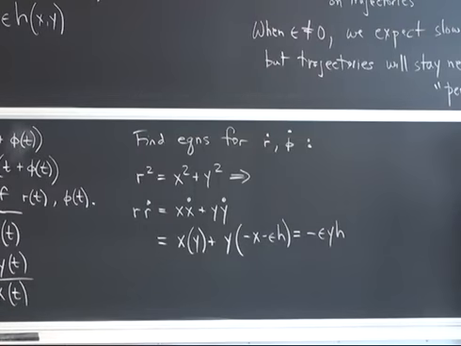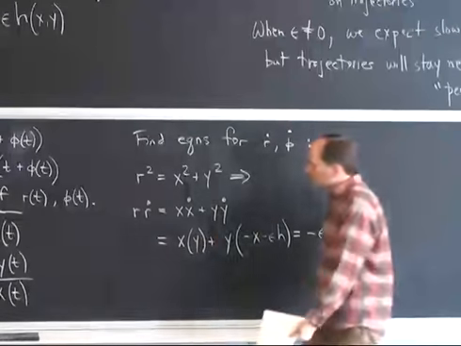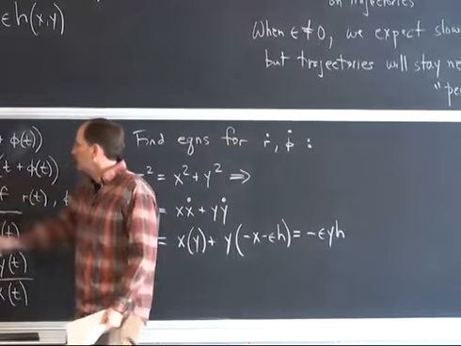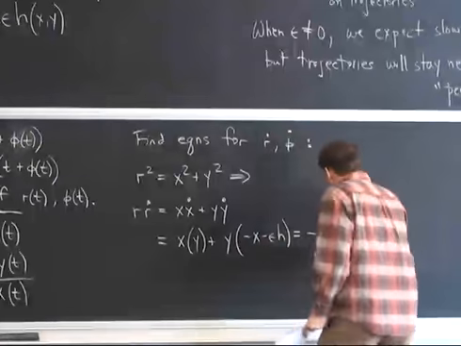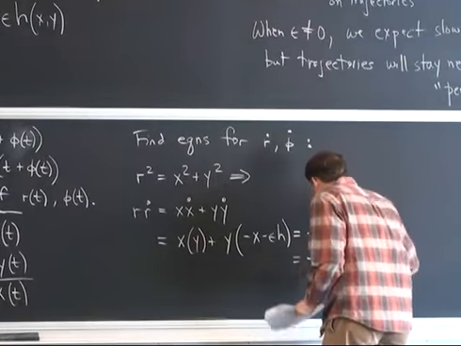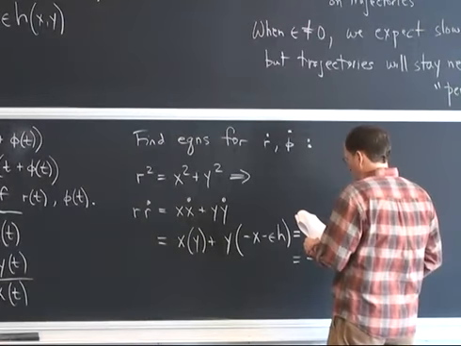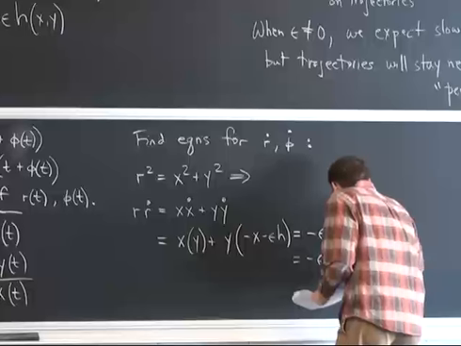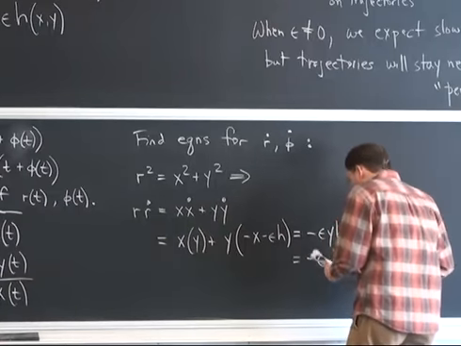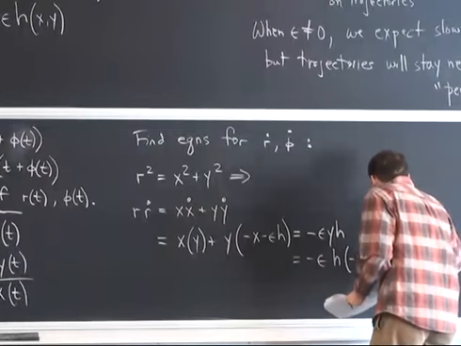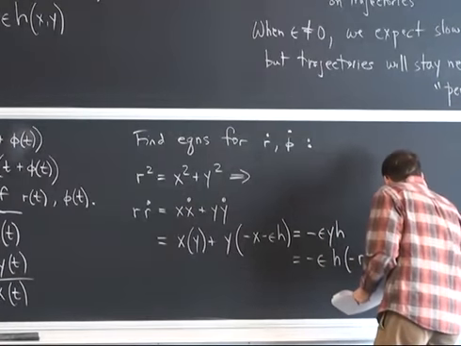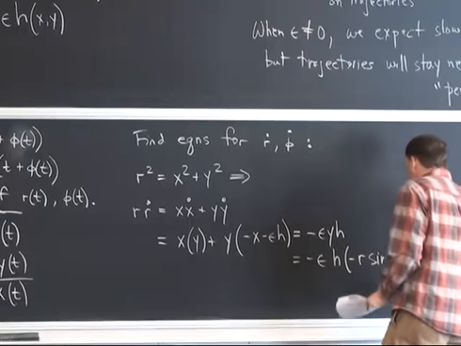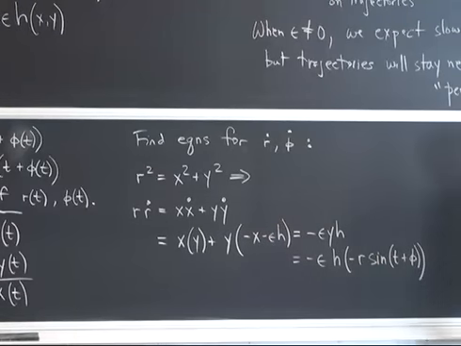And then I have a definition for y, which has this negative sign in it. And so then this becomes minus epsilon h times negative r sine of t plus phi. So those negatives cancel out.